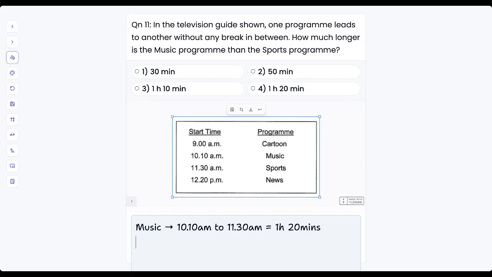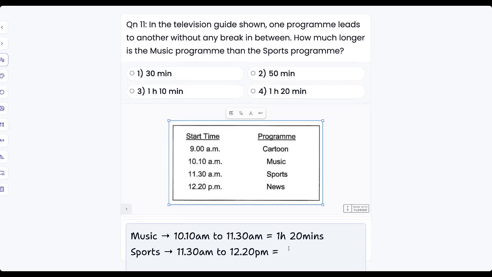So what about sports? Sports over here is 11:30 AM to 12:20 PM, and this is equal to 50 minutes. How we know that is just 30 plus 50 minutes is 20.